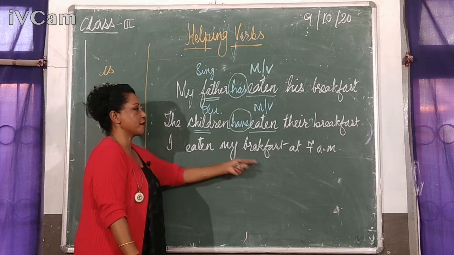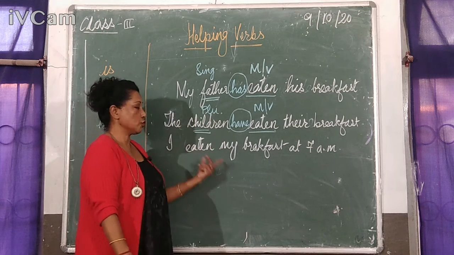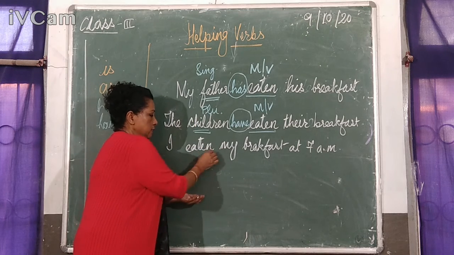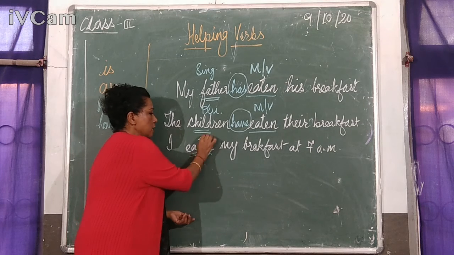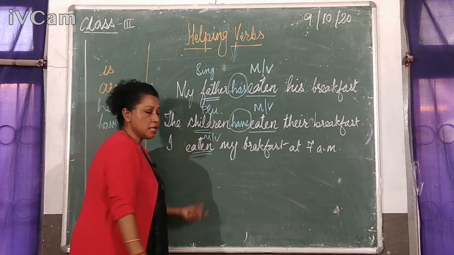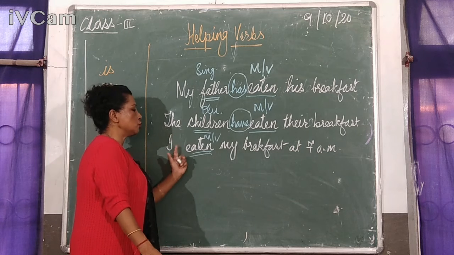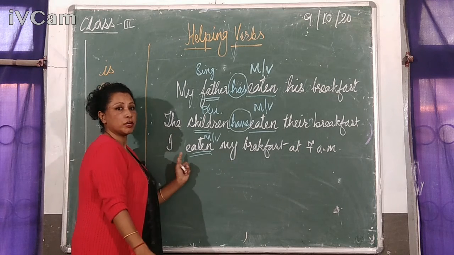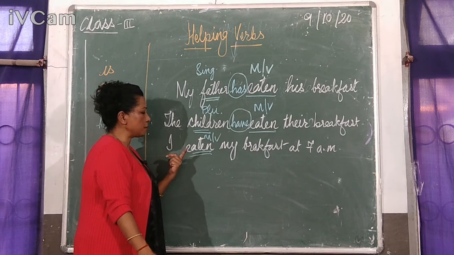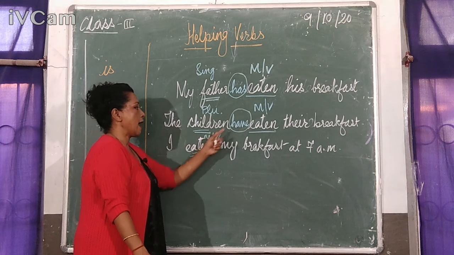I eaten my breakfast at 7 a.m. So here again, eaten is the main verb, all right? Now, you need one more helping verb to complete the sentence, all right? So which helping verb can I use? I have eaten my breakfast.